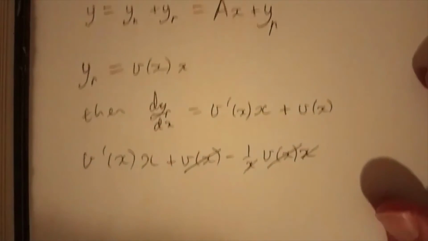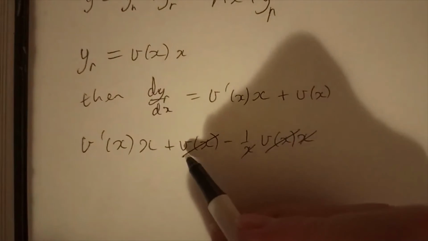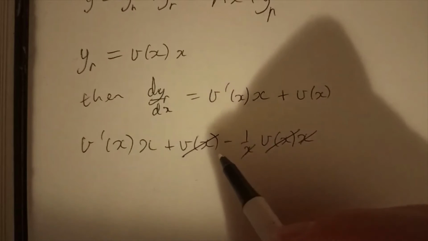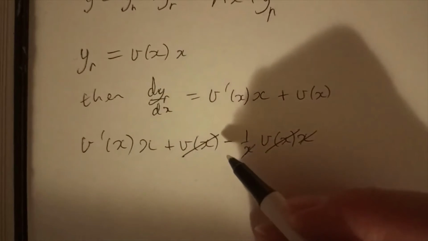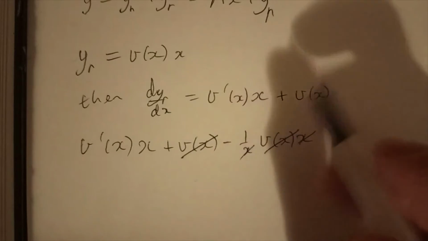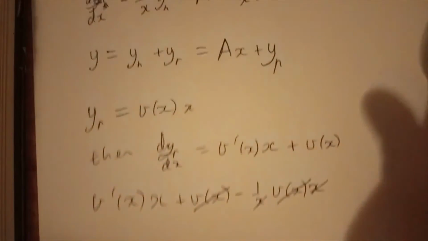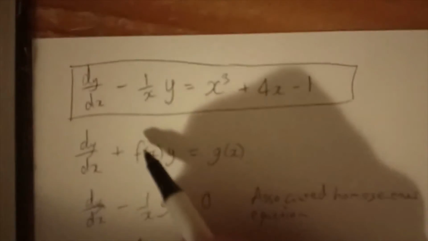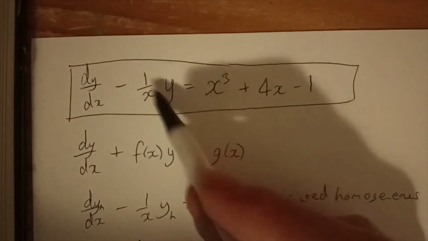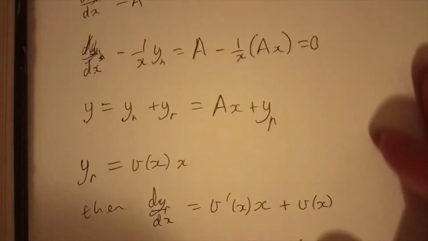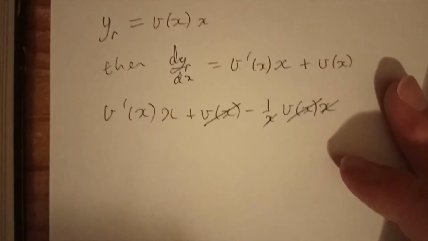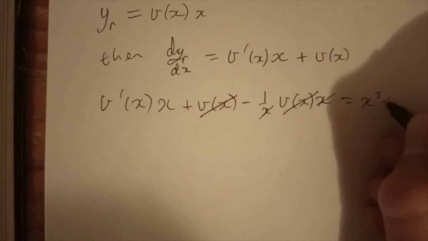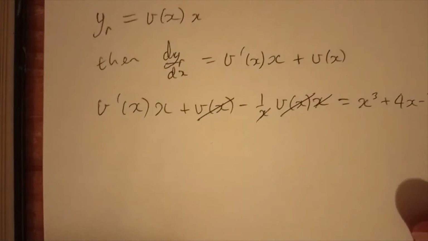And that's as before. We'll always get that the v of x times the derivative of this function will cancel with the term we get from this term. So that, according to our differential equation, is equal to x cubed plus 4x minus 1.